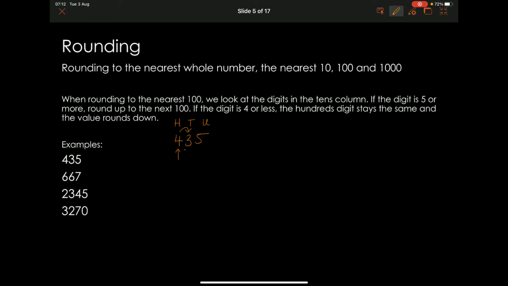The tens column is a 3. So this is asking you, is it closer to 400 or 500? Because we're rounding to the nearest 100 now. Because that's a 3, it's 4 or below, we round down. Okay, so it's closer to 400.